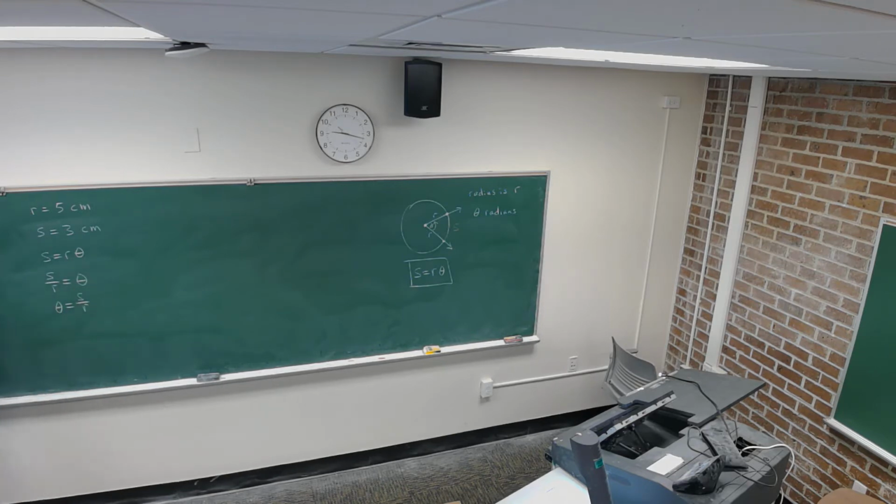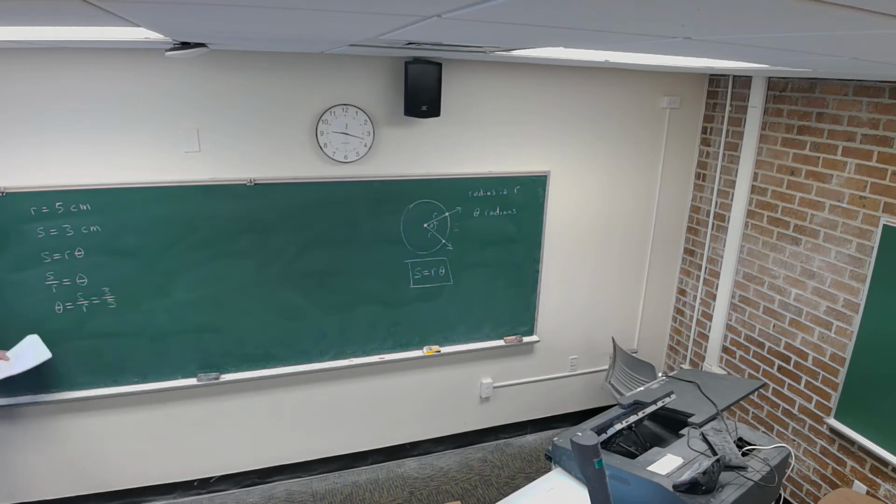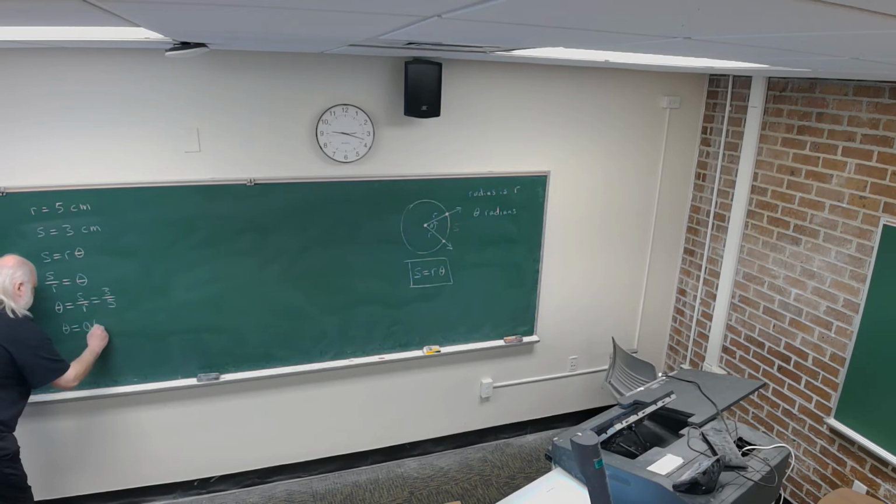Well, s is 3, r is 5. So theta, as a decimal, is 0.6.